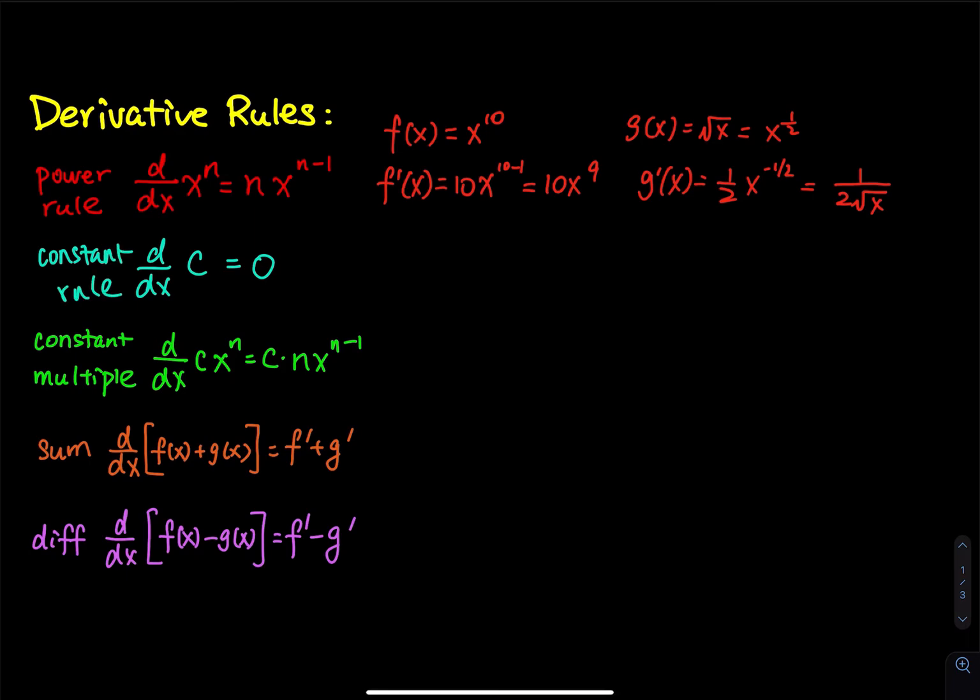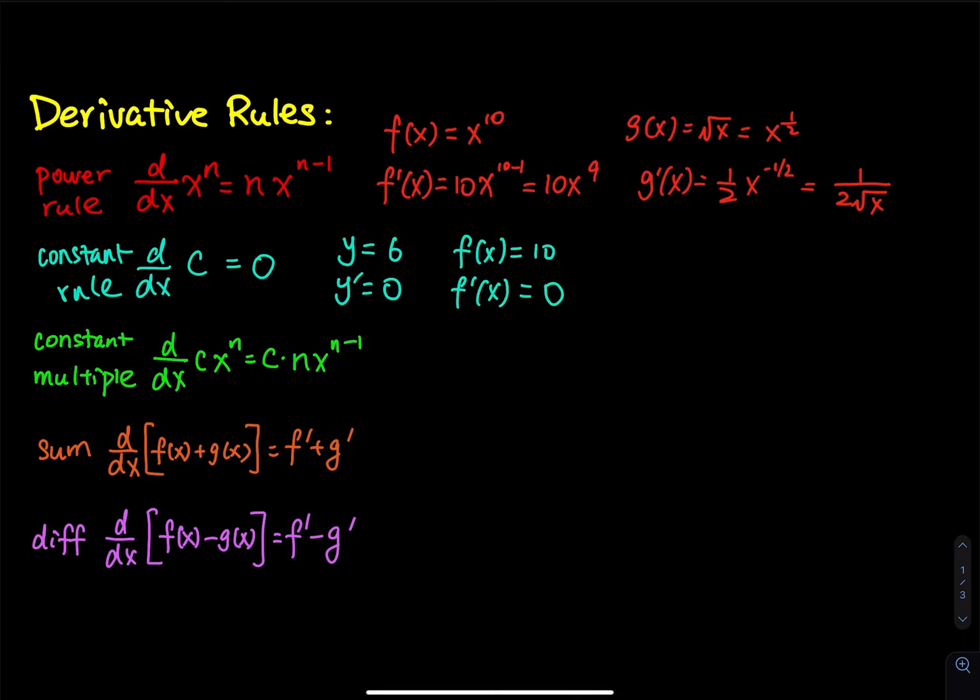Examples can be like y equals 6. So y prime is equal to 0. y equals 6 is one horizontal line, right? At y equals 6. So the line is not going up, not going down. It's one horizontal line. So that's why the slope is equal to 0. You can have f of x equals 10. So f prime of x is equal to 0.